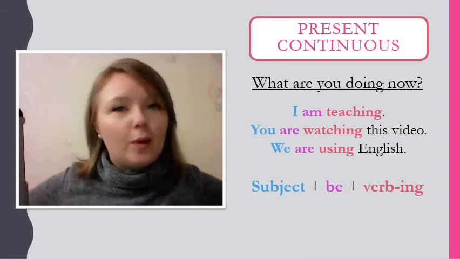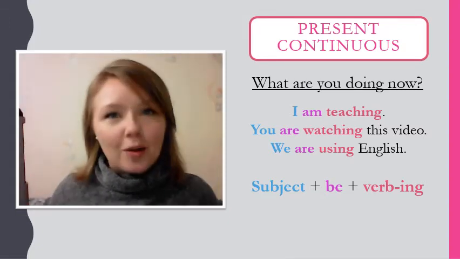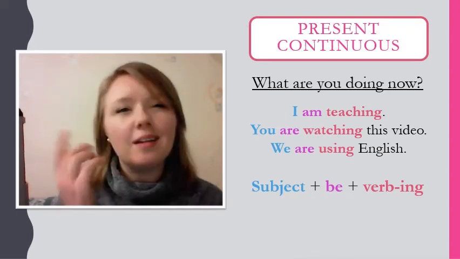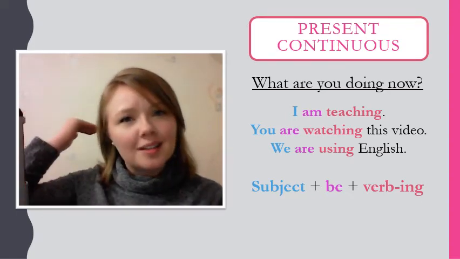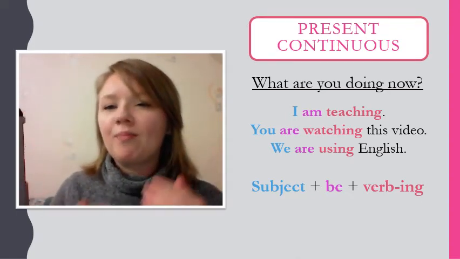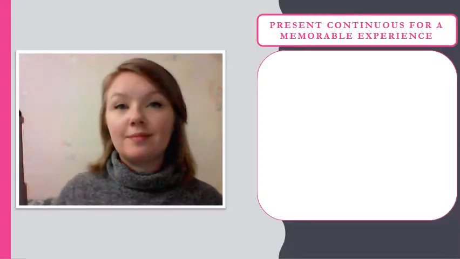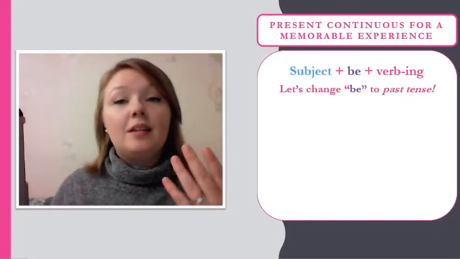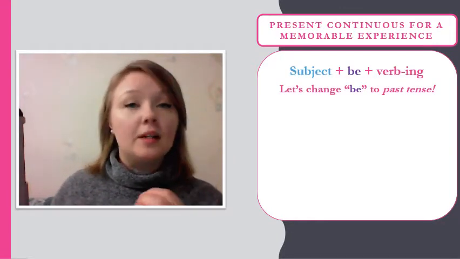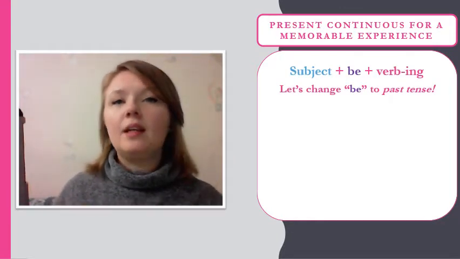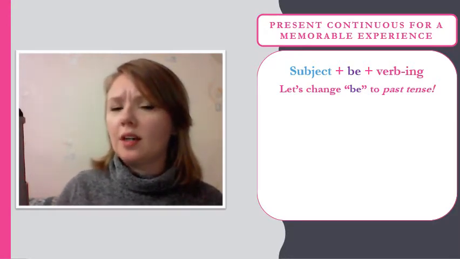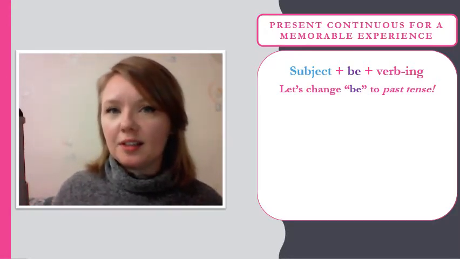So here we are again talking about now, but the final is to talk about the past. So how can we use this verb form to talk about an experience? Well, subject plus be plus verb ing is very useful for talking about our experiences.